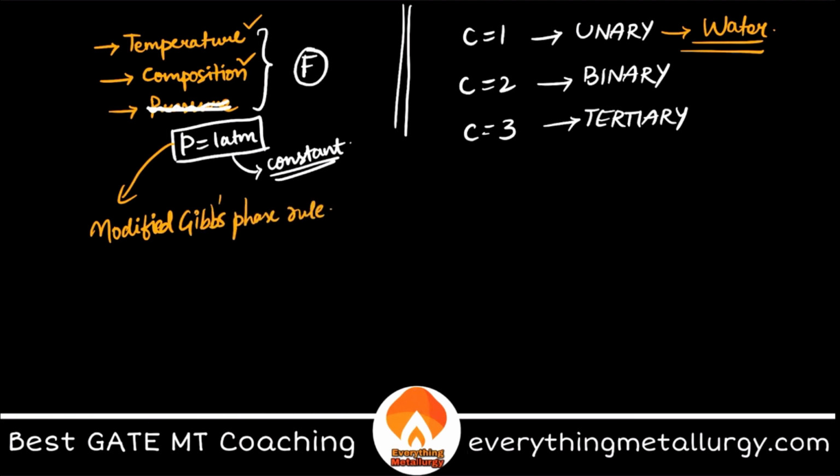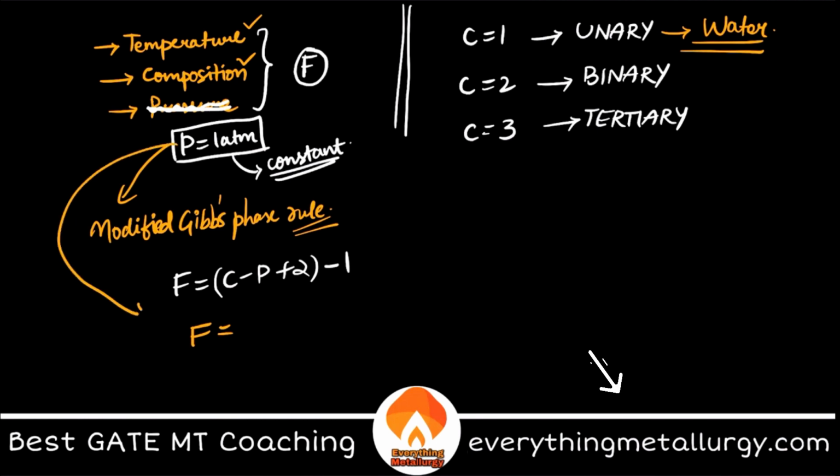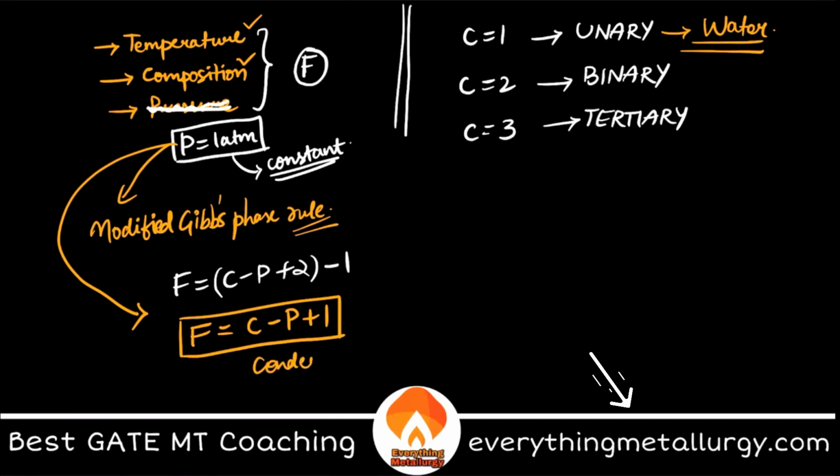Because from the given equation itself, you are removing one. Previously, F is equal to C minus P plus 2. But since pressure is removed, you are subtracting one from it. So the degrees of freedom F is equal to C minus P plus 1. This is called my modified phase rule, or it is also called my condensed phase rule.